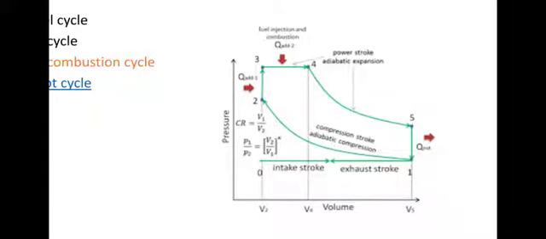From 0 to 1 is the suction stroke, 1 to 2 compression stroke, 2 to 3 heat supplied at constant volume, 3 to 4 heat supplied at constant pressure, 4 to 5 expansion stroke, 5 to 1 heat rejection at constant volume, and from 1 to 0 is the exhaust stroke. This is known as the dual cycle, where heat is supplied at constant volume and at constant pressure, and hence it is known as the dual cycle.